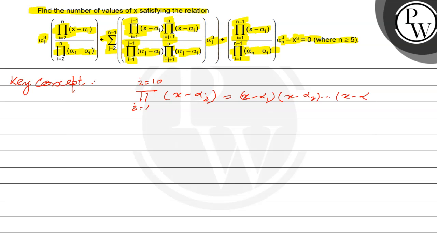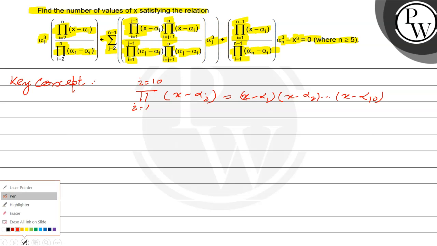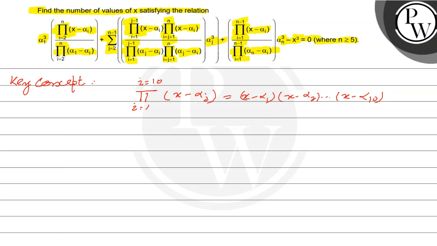That's it, and that means product. We have to take the product of all these. So using this concept, I am going to look at the question, and then I will try to find out whatever is being asked in the question.